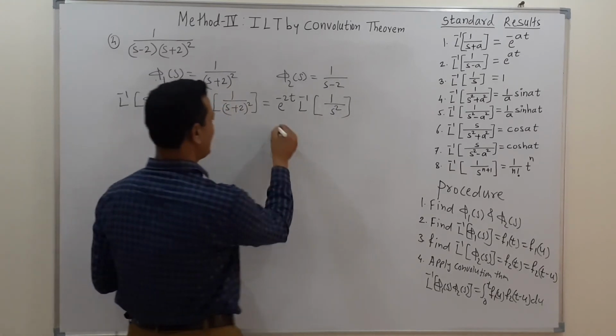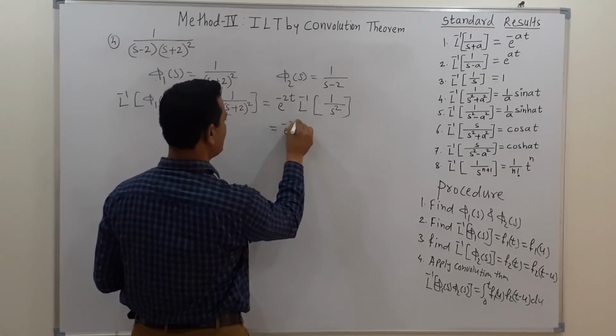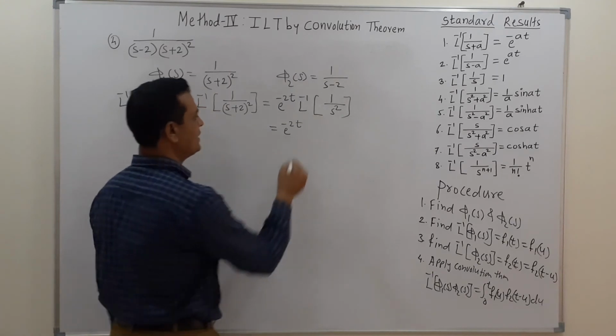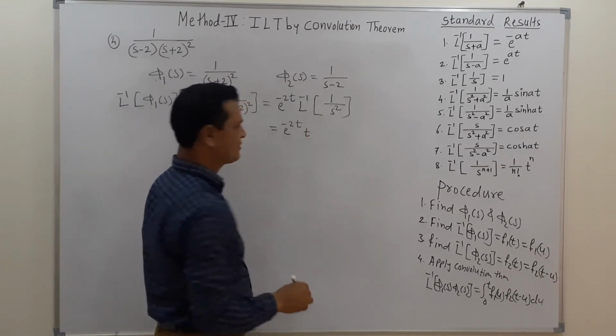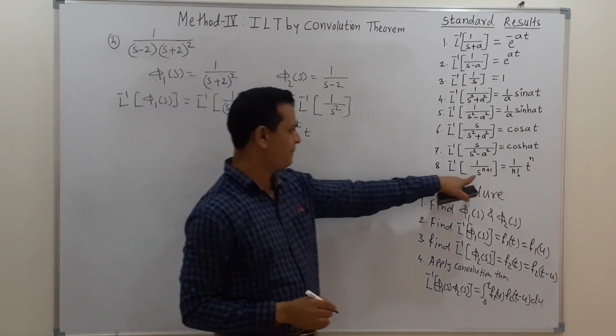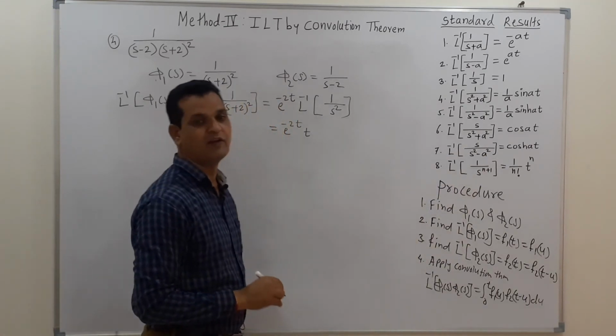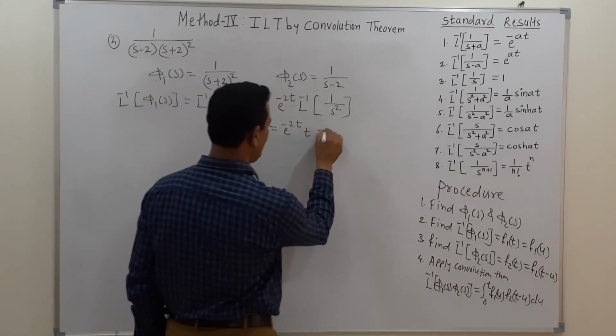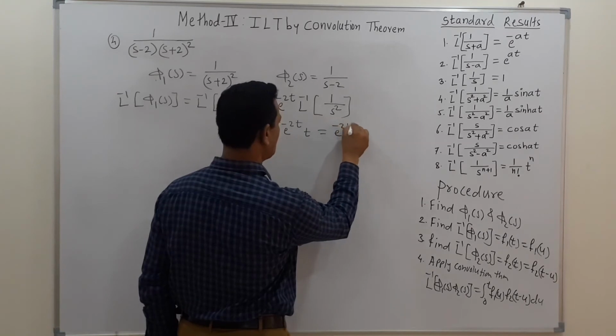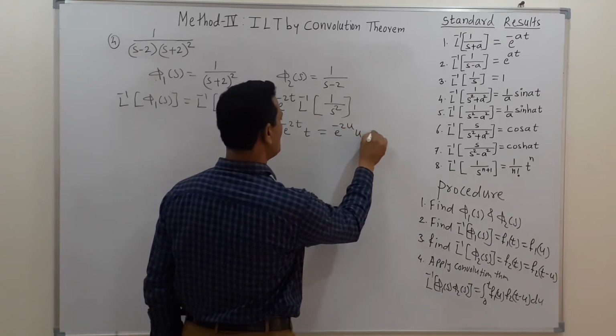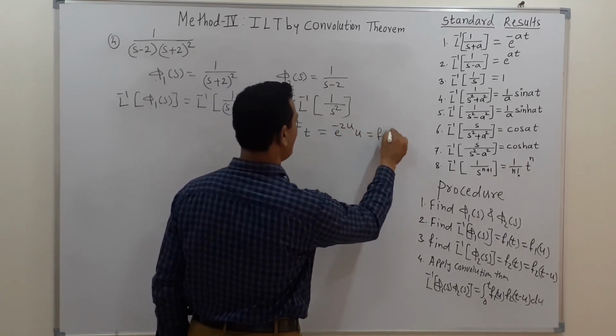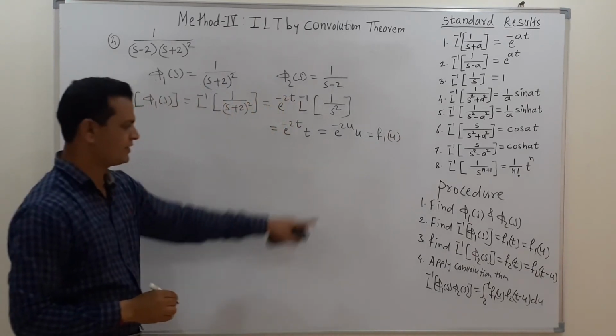Moreover, we can write this as e raised to minus 2t into t raised to 1, where the value of n is 1. So now we can write this as e raised to minus 2u into u, and this is the value of our f1 of u. This is our second step.